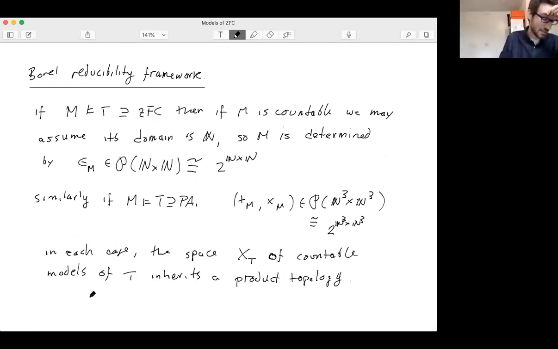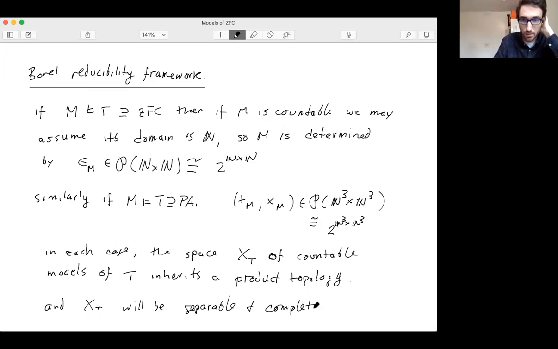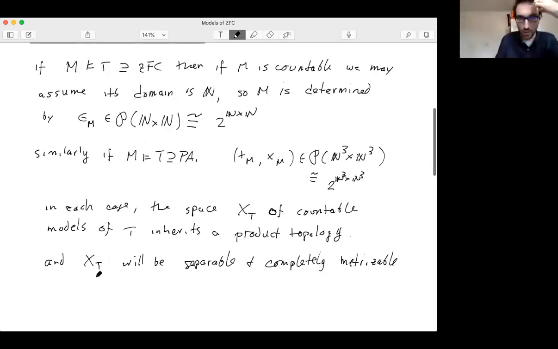And X_T will be separable and completely metrizable, which is Polish.